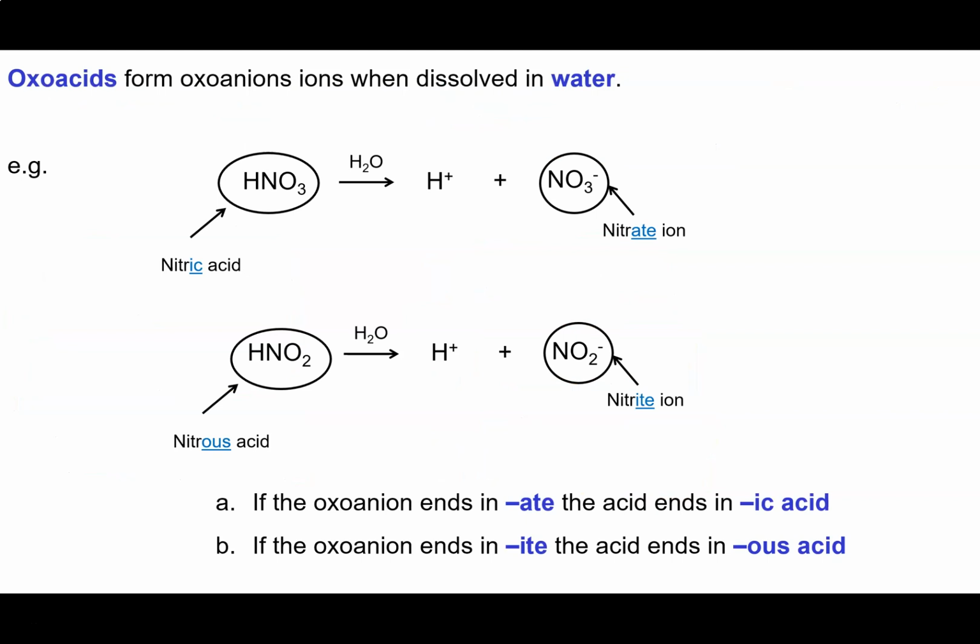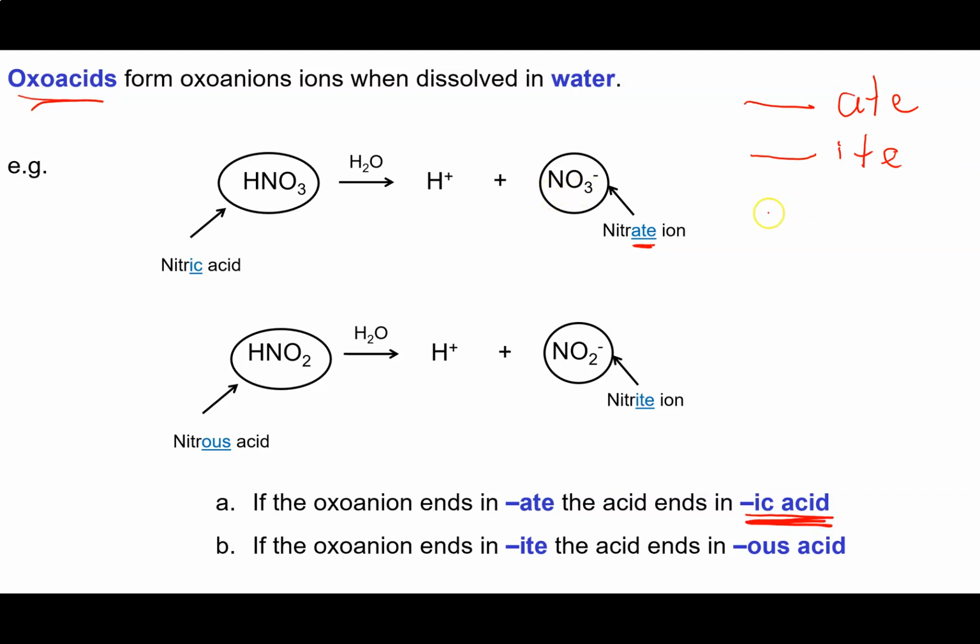Okay, so oxoacids are ones which form oxoanions when they're dissolved in water, and remember your oxoanions are going to have endings of either ate or ite. Now, if the ending of the oxoanion that is formed when your acid is dissolved in water is ate, then you end up with an ic acid.